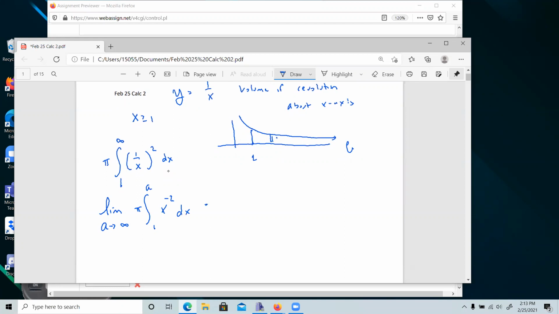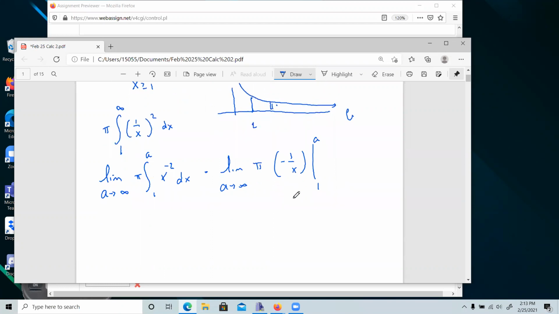So this is equal to the limit as a approaches infinity of pi times negative 1 over x, integrating x to the negative 2 by adding 1, going from 1 to a.